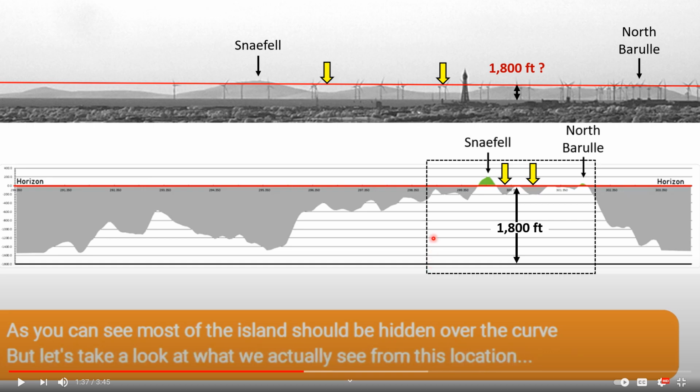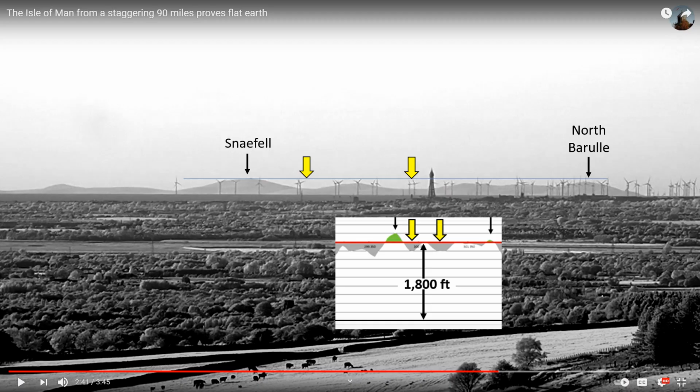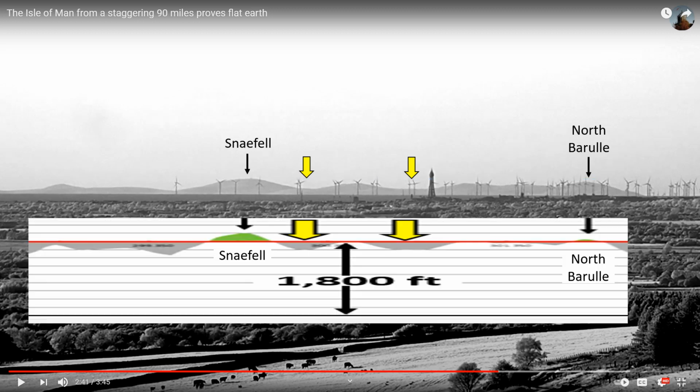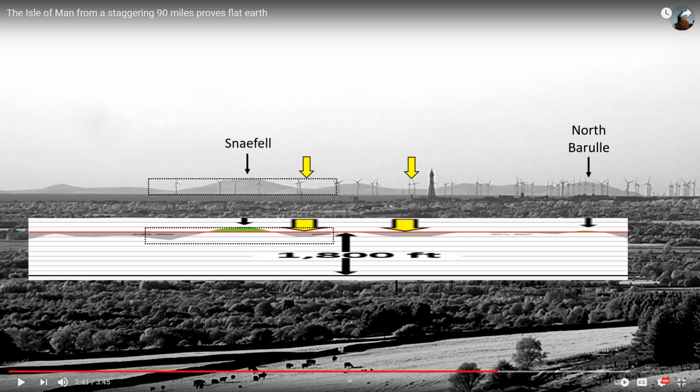So what I'm going to do is take a cutout of this area right here, and I'll paste it to this wide-angle shot of the Isle of Man. And here I have adjusted the lengths so Snaefell, North Barrule, and these saddles line up with each other. And then I have used this box right here, which I copied and pasted right here, to adjust the vertical height, so this is a close match to what we see in the photograph.